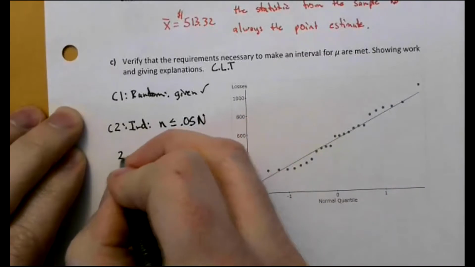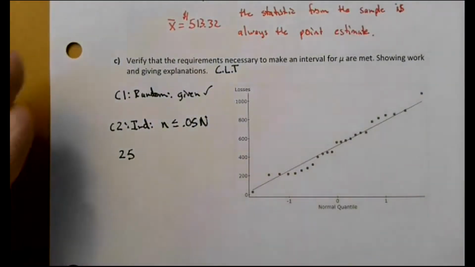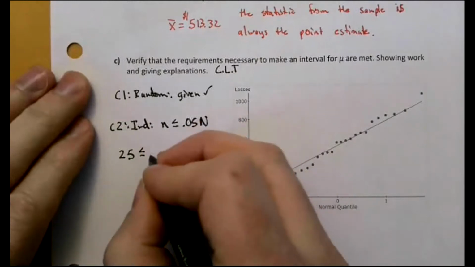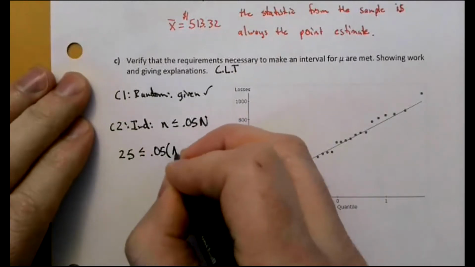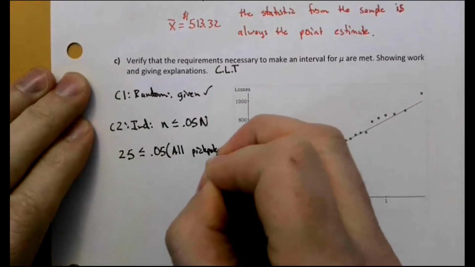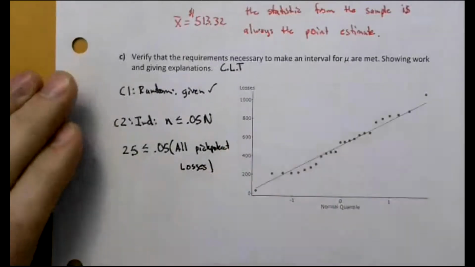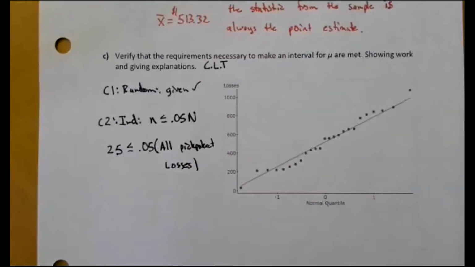Well, our N is the 25 pickpocket losses, and then our capital N is all pickpocket losses. And here I have no clue how many pickpocket losses there are out there.